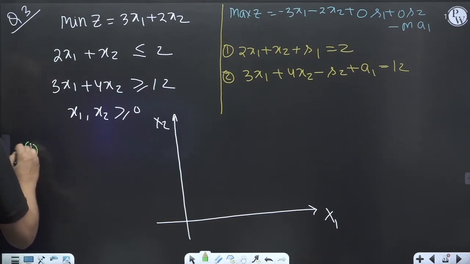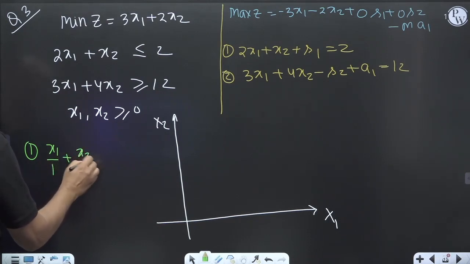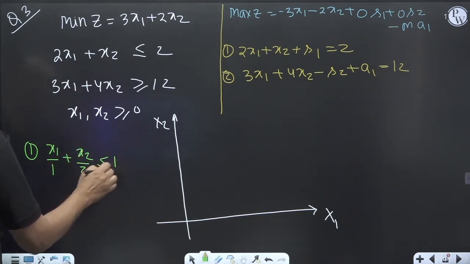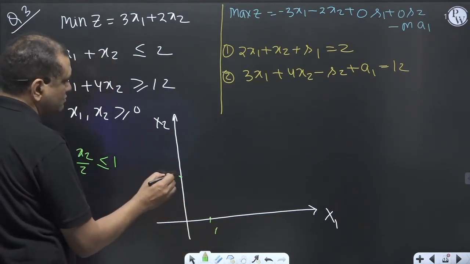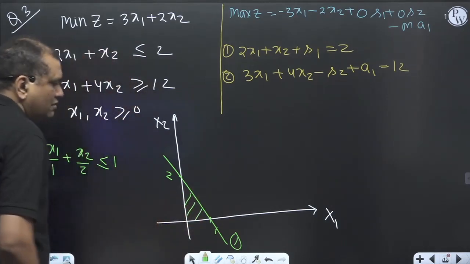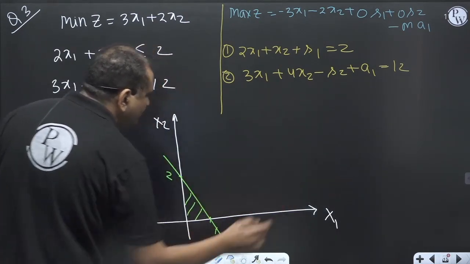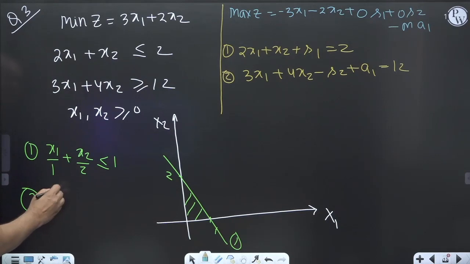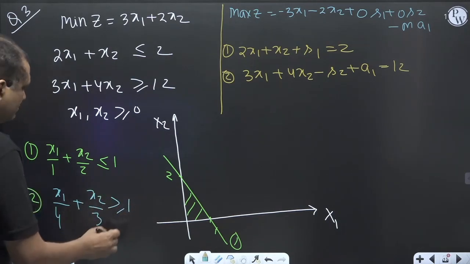First constraint: x1 by 1 plus x2 by 2 less than or equal to 1. Second constraint: x1 divided by 4 plus x2 divided by 3 greater than or equal to 1.